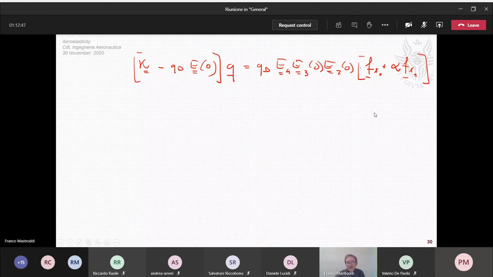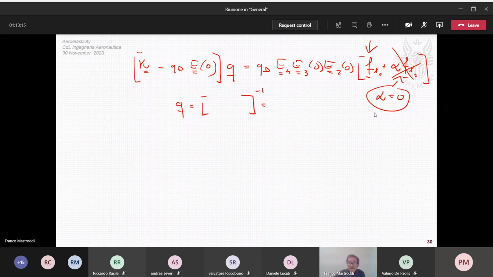So this, incredible, it's incredible. I have lost everything. Okay, this vector here is a vector not multiplying alpha. If you have alpha equal to 0, this term disappears, but you have this here. And so you may have a deformation also in the case of zero angle of attack. Okay, this is the right hand side. So in this case, with zero angle of attack, you may have a non-zero deformation.